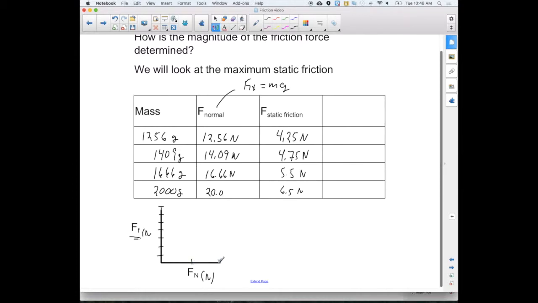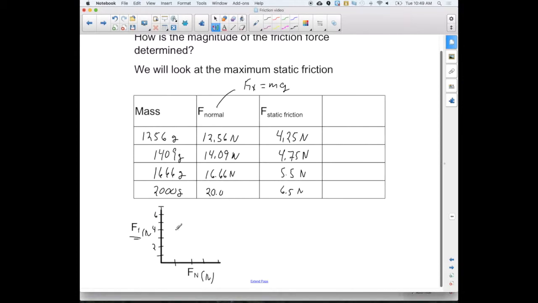Make that 10, make that 20, make that 5, make that 15. And so our first data point would have us at, so this is just 2, 4, 6. Our first data point is going to be somewhere around here.